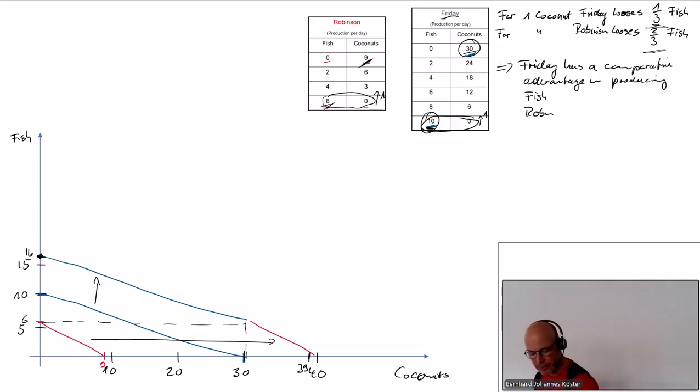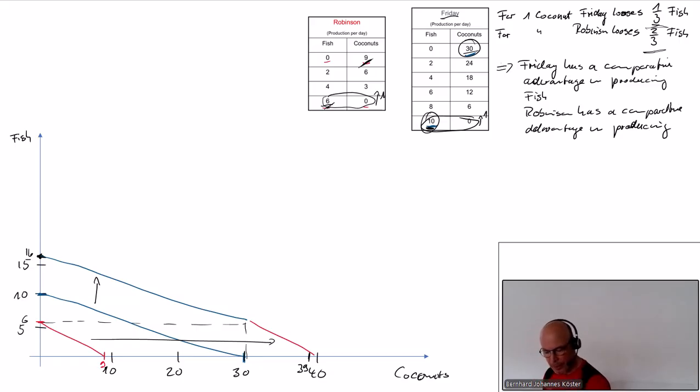And Robinson has a comparative advantage in producing. Oh, sorry, Friday in coconuts, of course. Sorry. Here you see, you have to be really careful. You just interchange this. Robinson has a comparative advantage in producing fish.